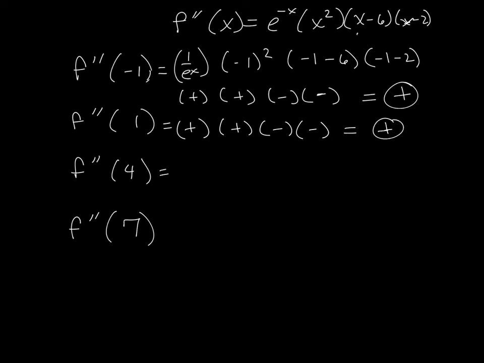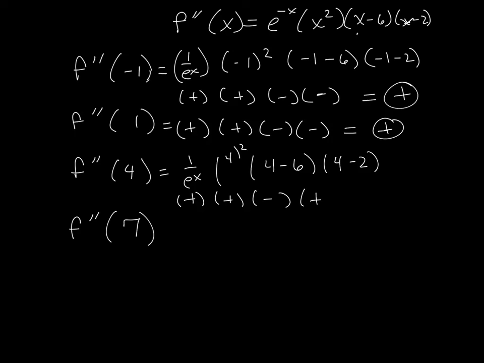If I do the same thing for the 4, what I have here is 1 over e to the x. I'm going to write this one all out. Then I have 4 squared, so that's going to be positive, times a positive. And the next one is 4 minus 6. That's going to give me a negative value. And then 4 minus 2, which is going to give me a positive value.